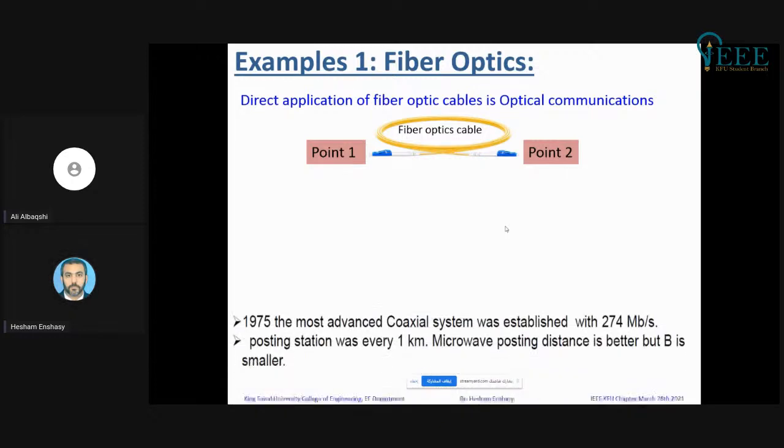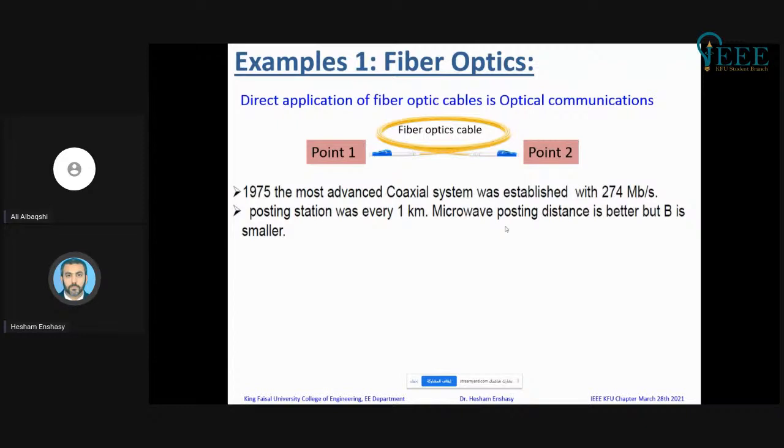So in 1975, the most advanced coaxial system was established with 247 megabits per second. So before fiber optic cables, people used coaxial systems and microwave. The maximum limit people reached communicating with these two types of communication is 274 megabits per second, which is a very high bit rate.